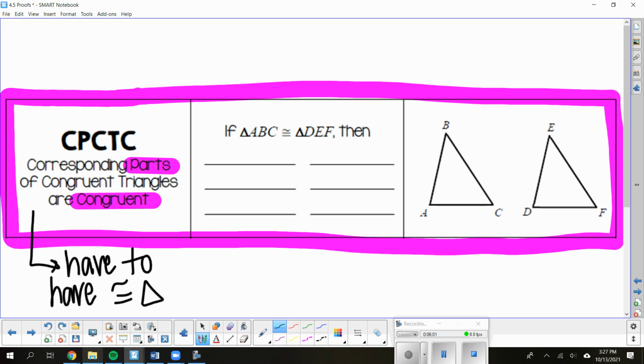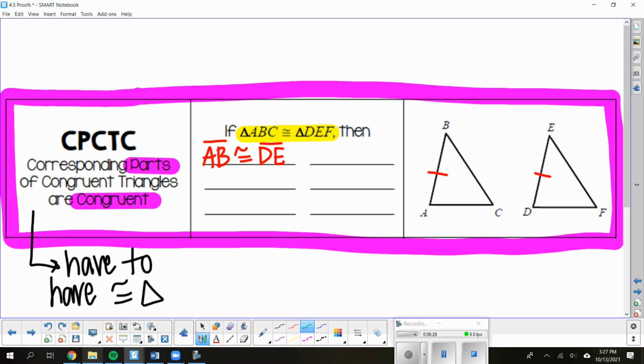All right. So if they tell you that your triangles are congruent, here it is happening right here. We have congruent triangles. Then we can do everything else. We went over this at the very beginning. Anything that sits in the same slot and the corresponding slot is congruent. So I could say that AB, since it's the first two letters, is congruent to DE because they're the first two letters.